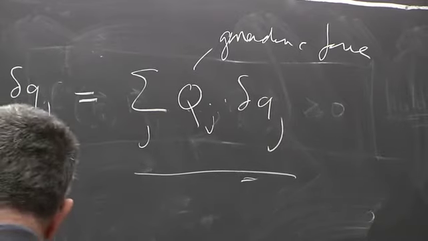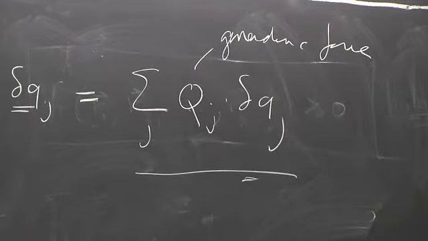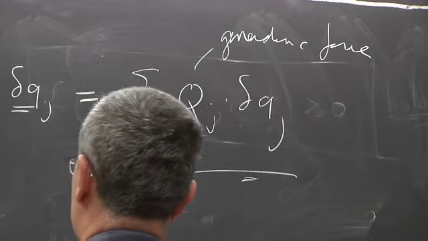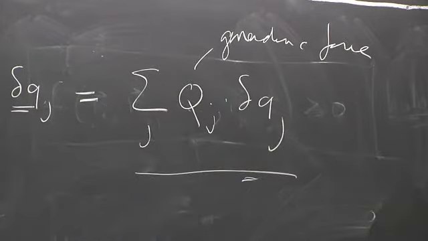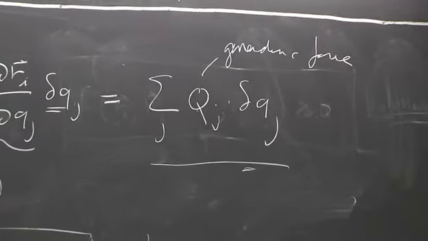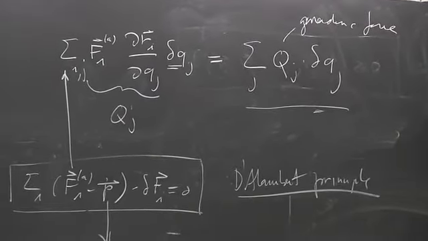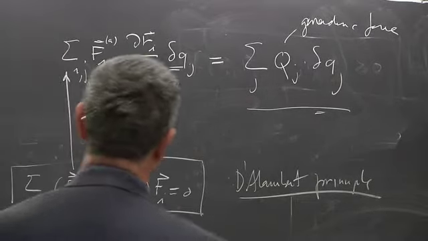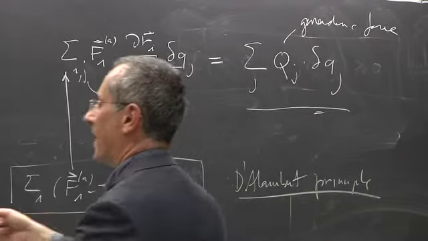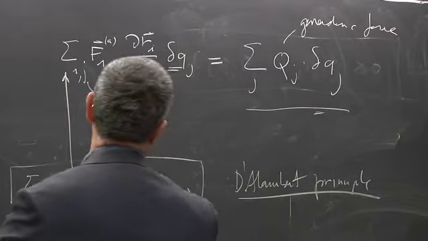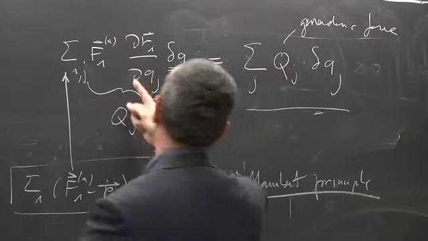How about the other term? Here I have to do some work. Are you following? I'm a little worried about this. This is very trivial. I plug this in here, and then I change the name of this term here.